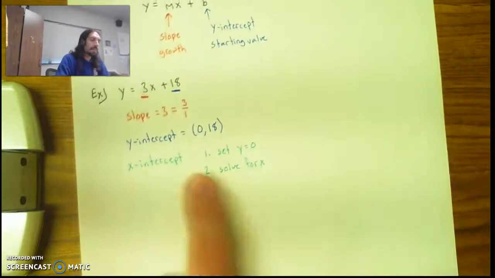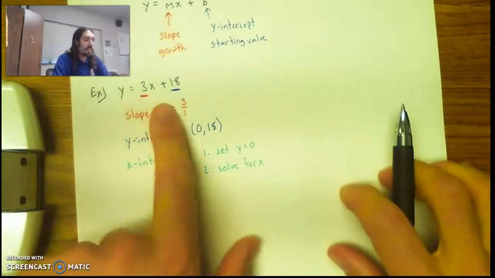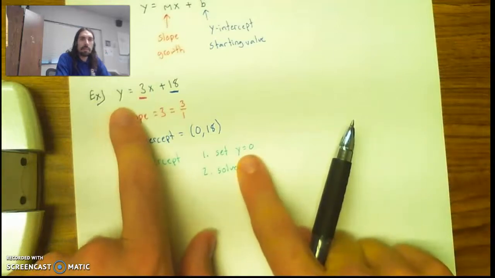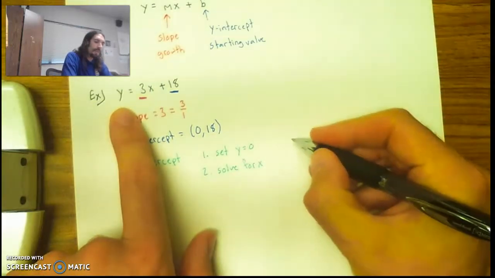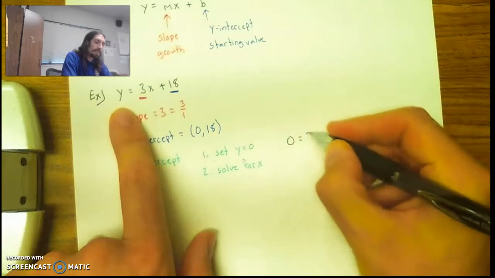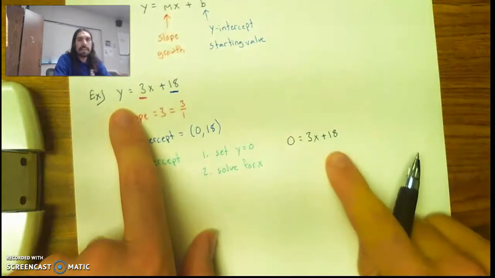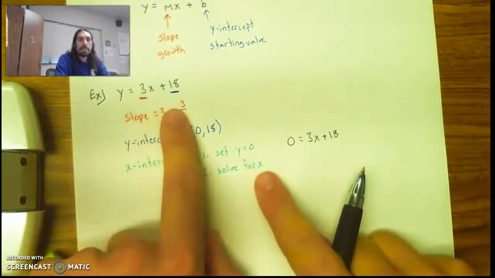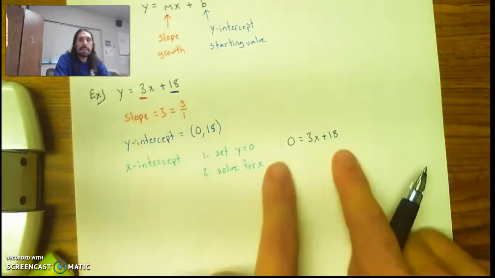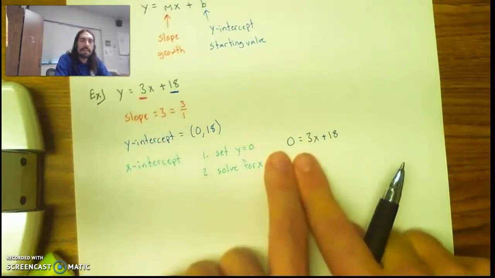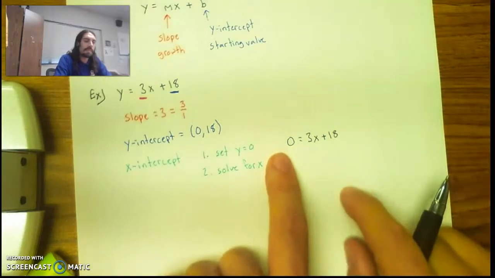If I take my original equation, y equals 3x plus 18, I'm going to replace y with 0. And so I now have 0 equals 3x plus 18. Okay, and then now I'm going to solve for x. So in order to get x by itself, you might remember that we need to move the numbers to the other side by doing the opposite step.